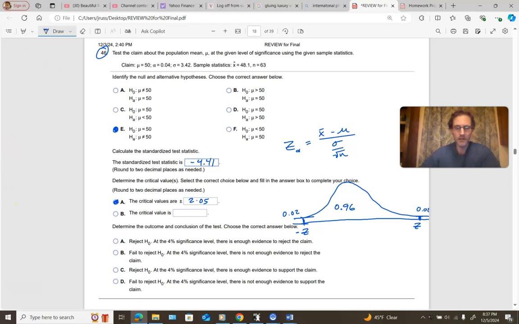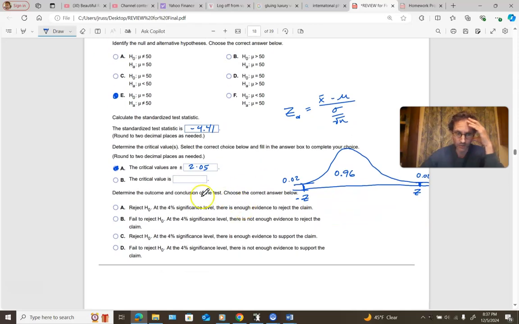So if our standardized test statistic falls either below this one or above this one, then we reject the null hypothesis, okay? And that's actually what we're going to do because this negative 4.41 would be way to the left of negative 2.05 right here. So we're going to reject H naught.